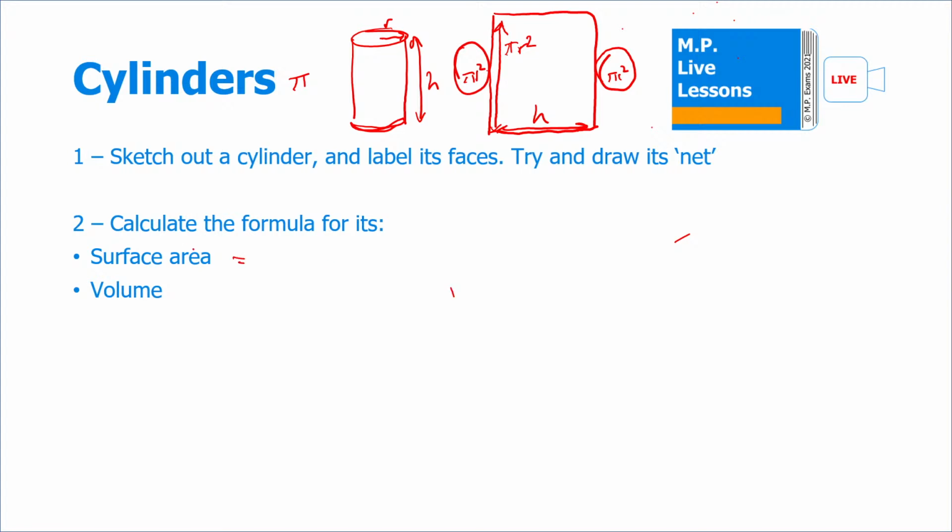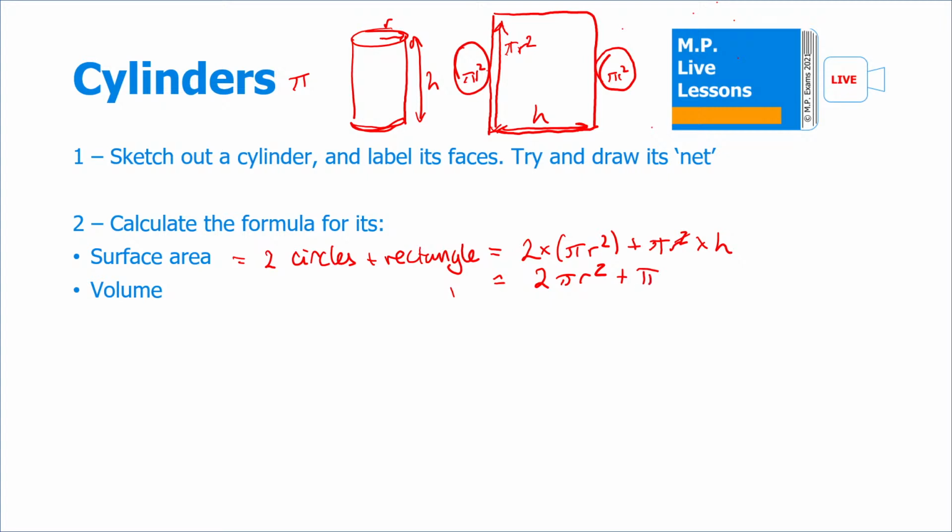So for the surface area, you have your two circles plus the rectangle. So the two circles are just two lots of pi r squared. And then the rectangle, one length is pi r squared because it wraps around the circle, and that's multiplied by the width, which is the height. So in the end, for the surface area, you get 2 pi r squared plus pi r squared h.